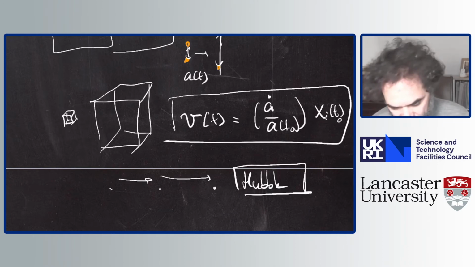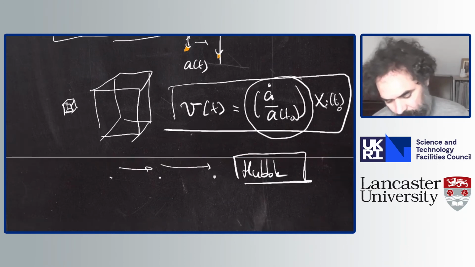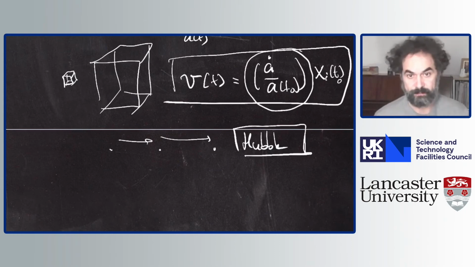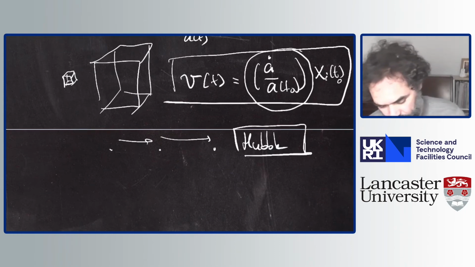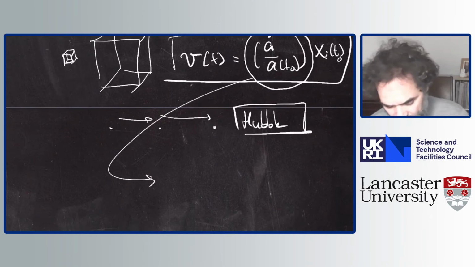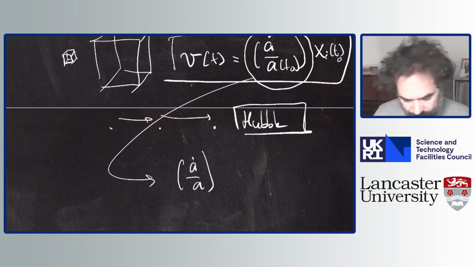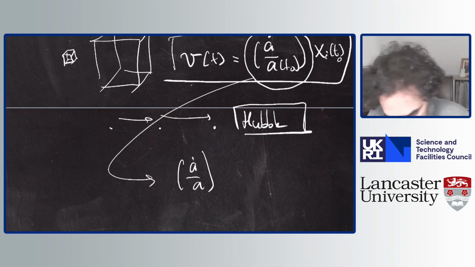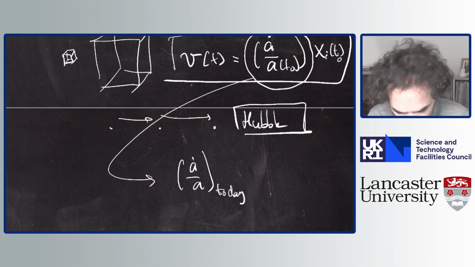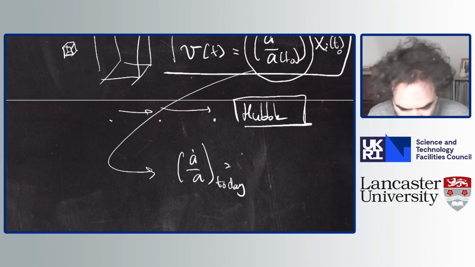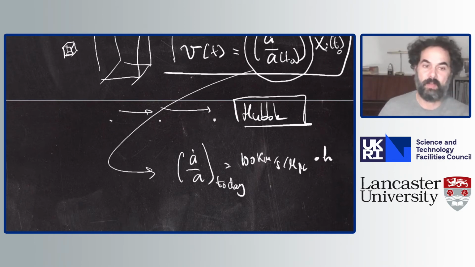Then this number here is the rate of expansion, and today it has a value, a dot over a today, of 100 kilometers per second per megaparsec multiplying little h. Remember that we introduced little h already.